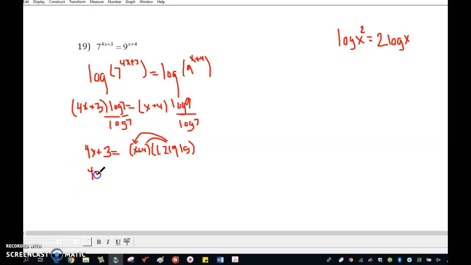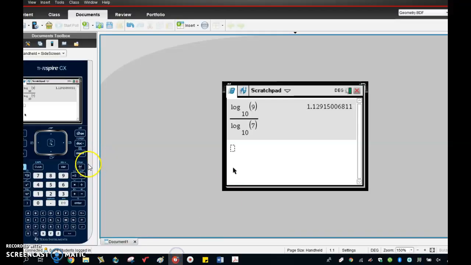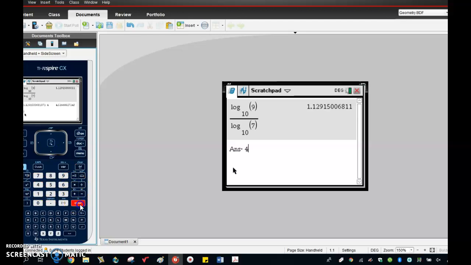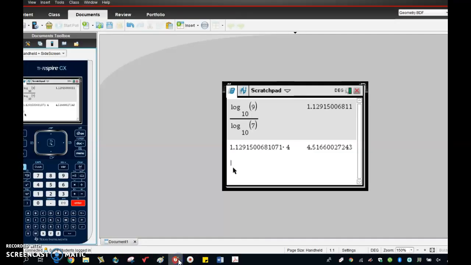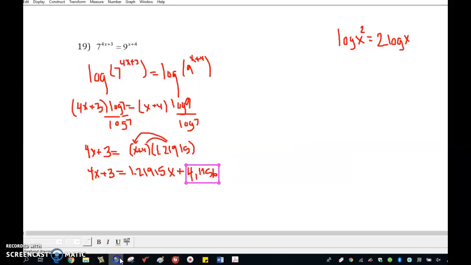So I know I'm going to have 4x plus 3 equal to 1.21915x plus, I take my value, multiply by 4, so 4.5166 let's go with, so plus 4.5166.